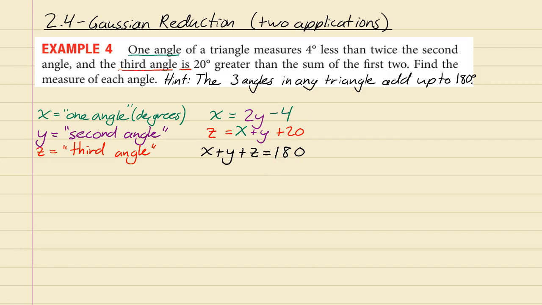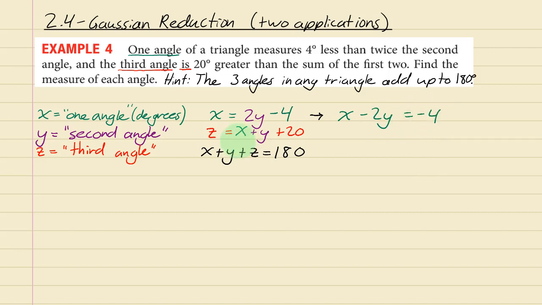Now that we have three equations with three variables, we can solve using the Gaussian reduction method from this section. To do that, it's nice to have all of the variables on the same side. So in this equation I'm going to subtract 2y from both sides, and that becomes x minus 2y equals negative 4.